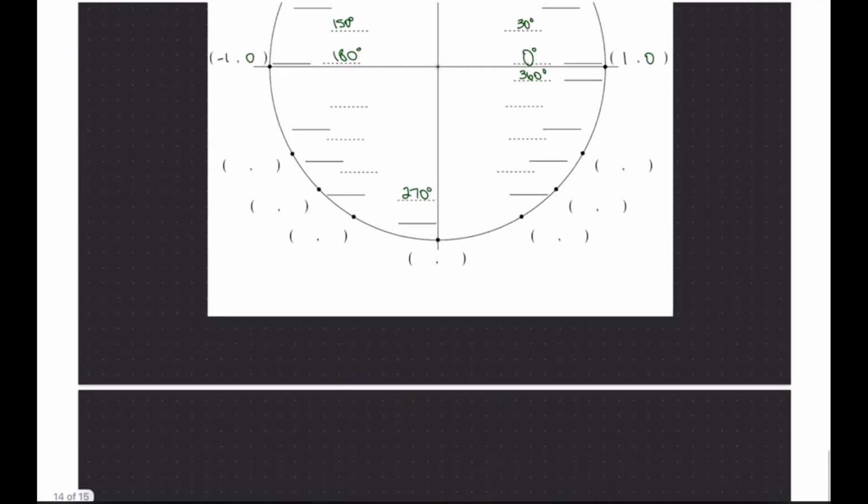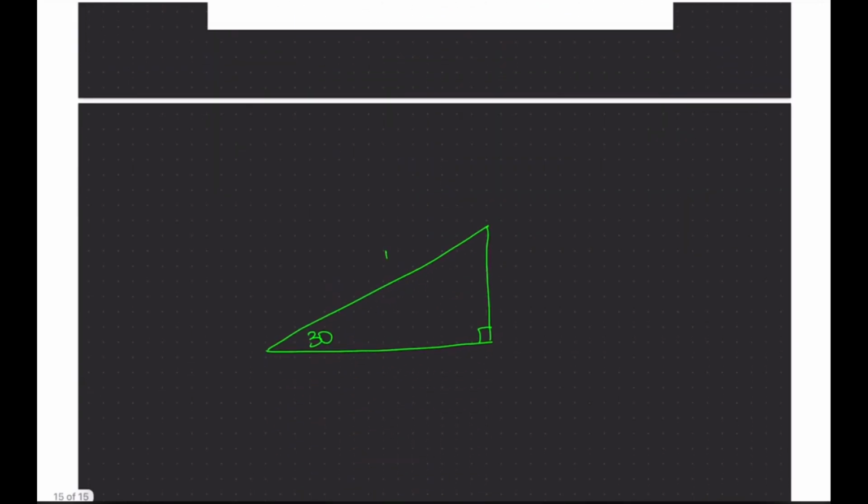On a scratch sheet of paper, that's kind of the triangle I made. This was 30 degrees. We made it into a right triangle, and we knew that the hypotenuse, or our radius, was 1, right? The bottom's going to be our X, and this is our Y.